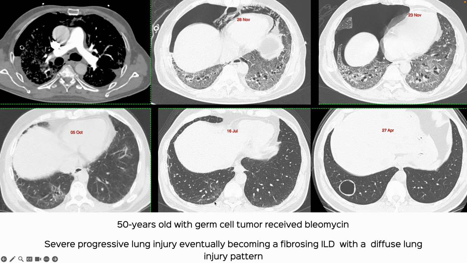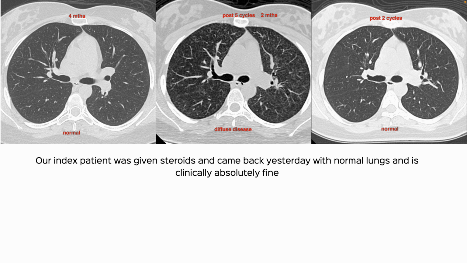This is an NSIP-like pattern, but eventually full-blown diffuse lung injury with fibrosis, pneumothorax, and pneumomediastinum. I don't have a follow-up, but these patients never do well when it reaches this stage of disease.